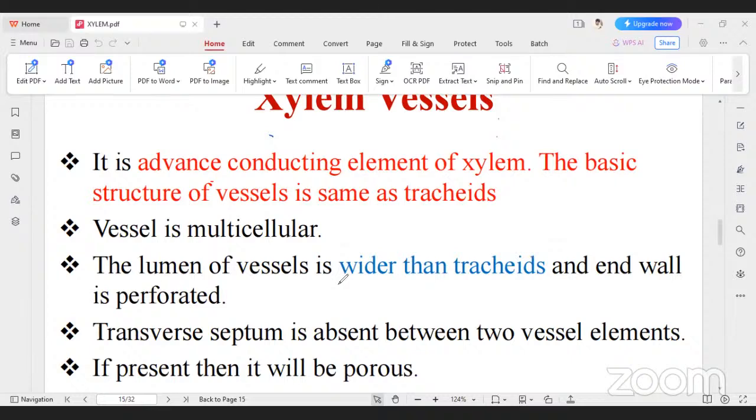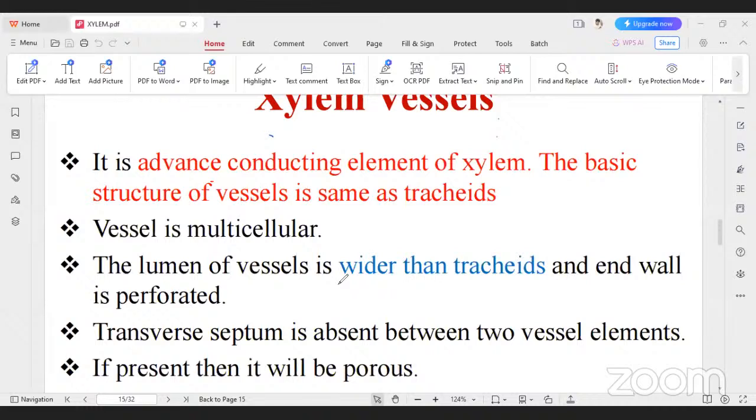Right. First, the largest one is the vessels. Next follows tracheids. The last one is fiber. Yes, right. And when you draw these three diagrams, you should show that difference also.